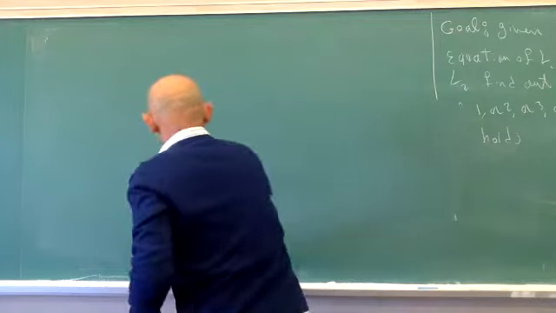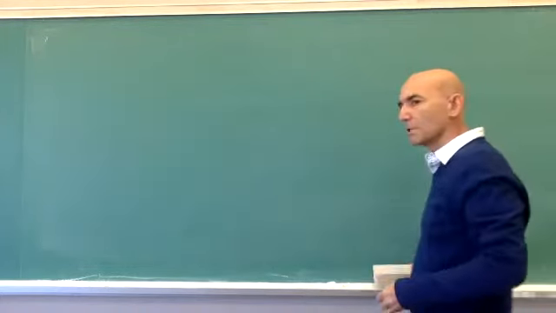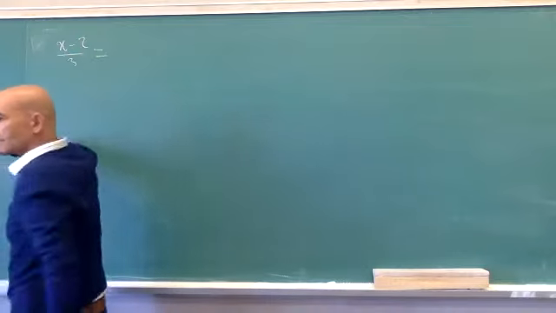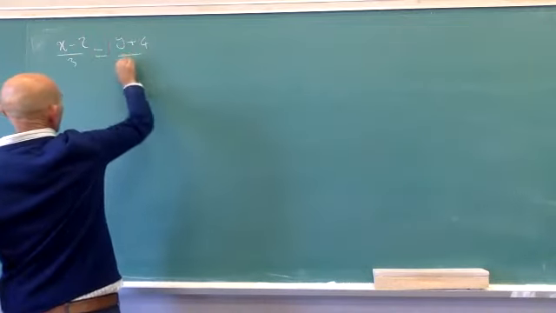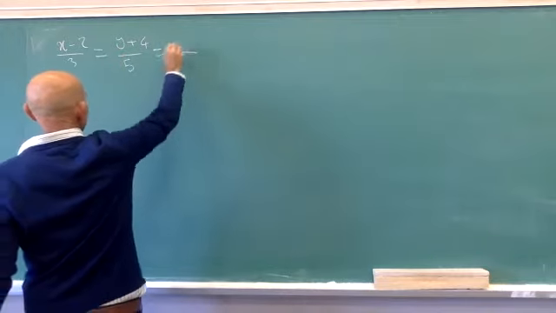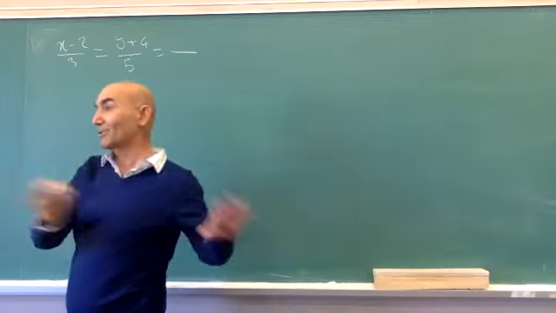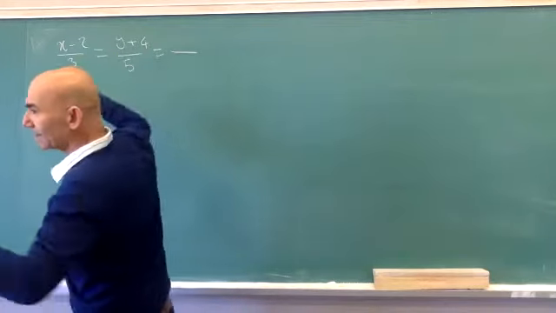Well, in what form? Just vector form? In symmetric form, maybe. Symmetric form? Yeah. x minus 2 over 3 equal to y plus 4 over 5, equal to z over negative 2. I should use that so that the other person who gives the line shouldn't have seen this, but that's okay.